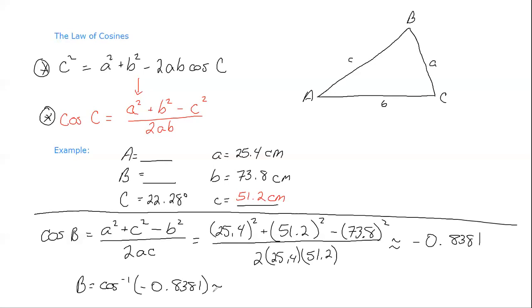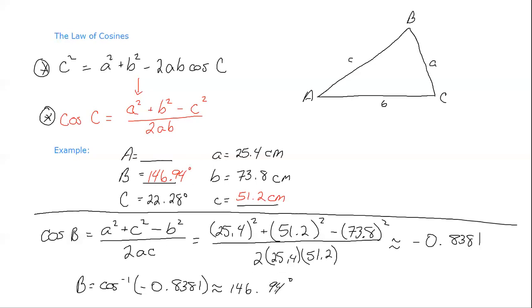So my calculator comes up with, to 2 decimal places, 146.94 degrees. And that is angle B, 146.94 degrees.